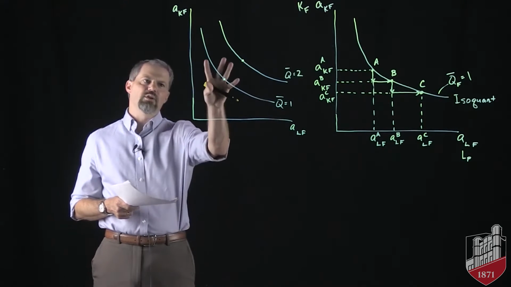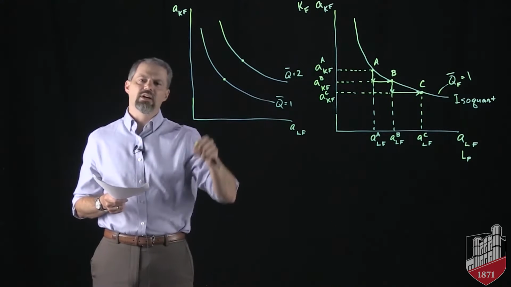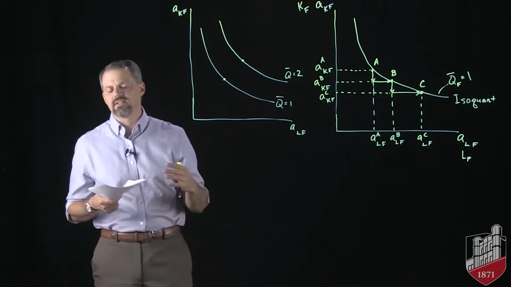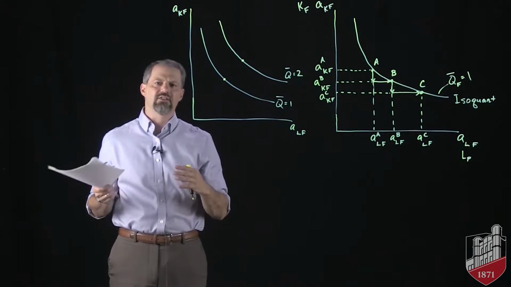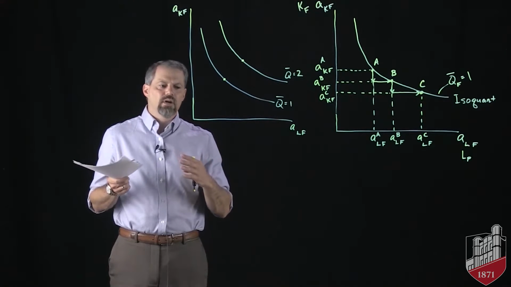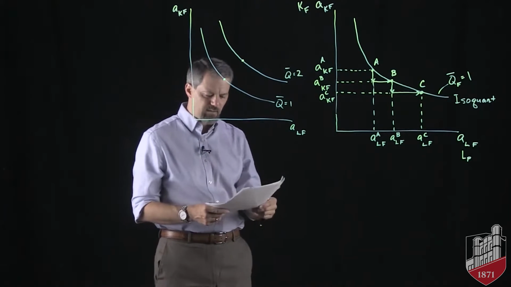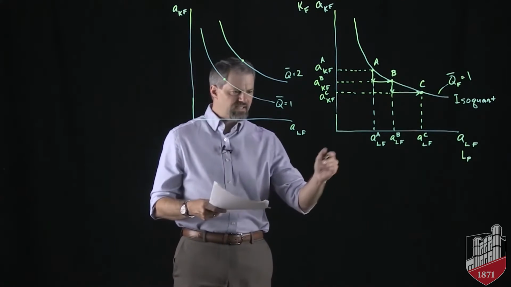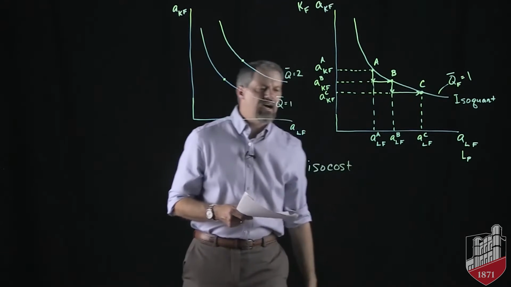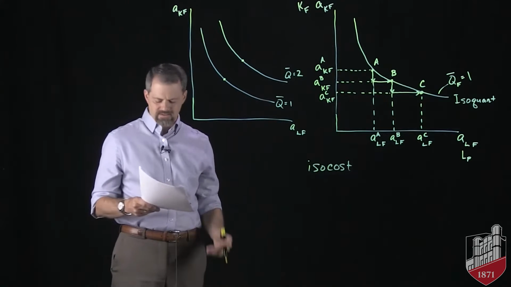What we're going to do now is combine this picture with a line that shows combinations of labor and capital that have the exact same cost. It's going to look exactly the same as an iso value line. It would be equivalent to a budget constraint if you've seen that before in the consumer's problem. So isocost is going to be a line that represents combinations of labor and capital that cost the same.